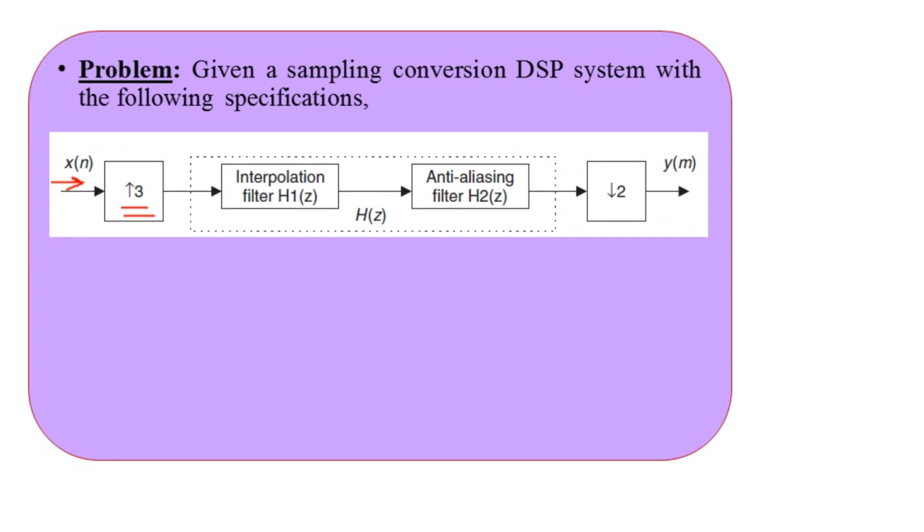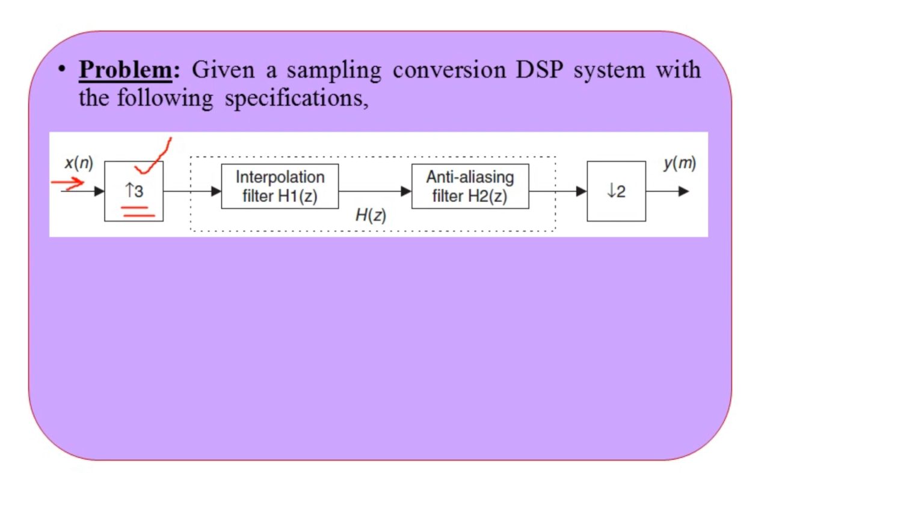As this is an upwards arrow, it indicates the interpolation factor, so interpolation or upsampling. The sampling rate has to be tripled with the help of this block for the original signal fed as input, that is X of N.